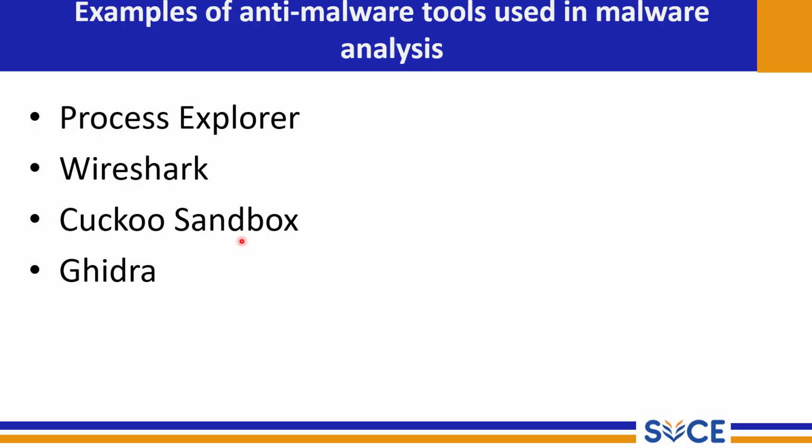And what are the uses of Wireshark? First one, network troubleshooting. Identify and resolve network connectivity issues, performance bottlenecks, and protocol related problems. Second one, security analysis. Detecting and investigating security threats such as malware infections, unauthorized access attempts, and data breaches.